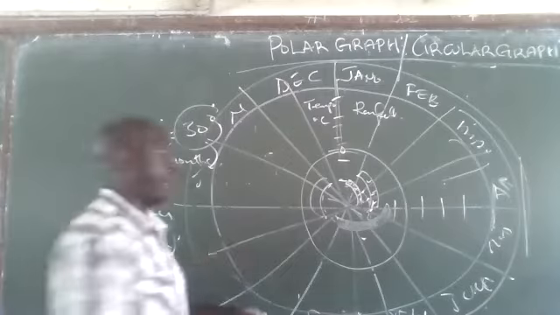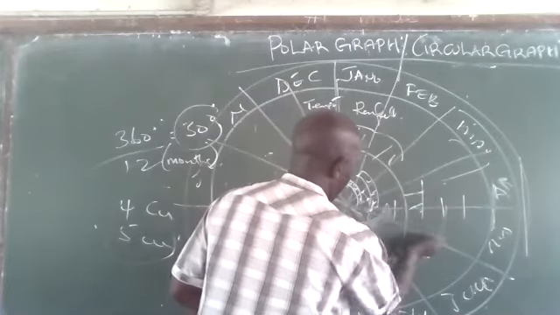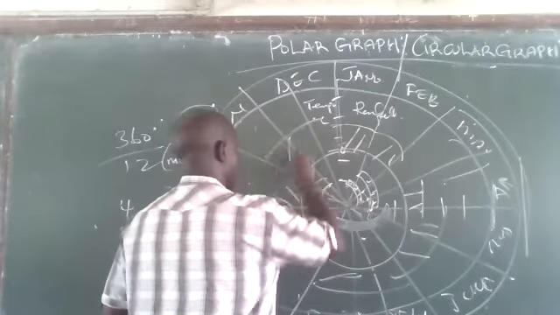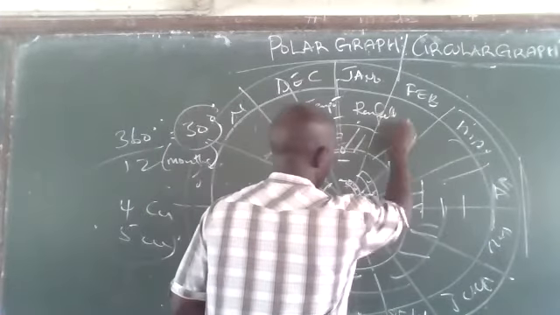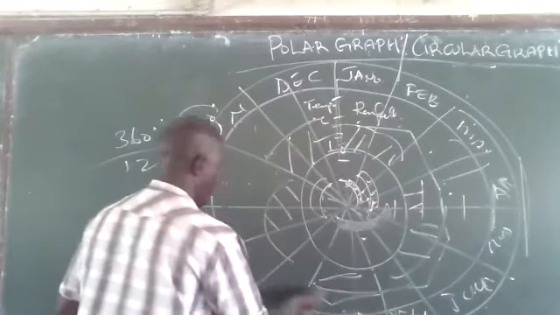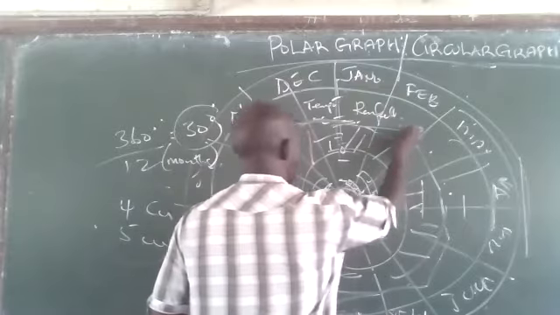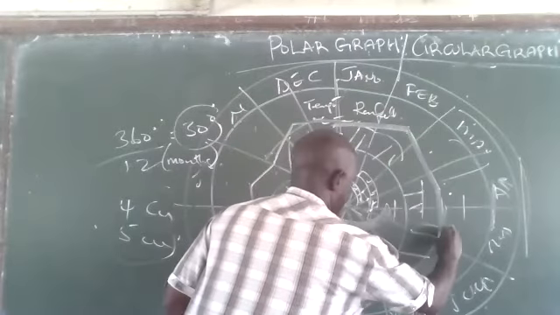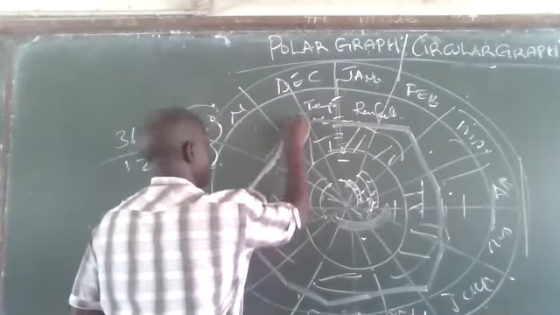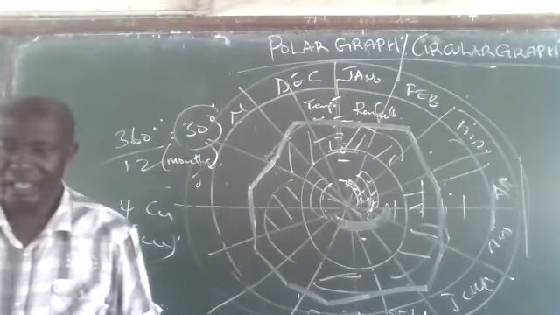So then we shall carry out our plotting of the rainfall, then lastly the temperature, then we jot with a free hand. Finally we have a cyclic, circular plotting of all the information, regardless of being the temperature, rainfall, and the activities.